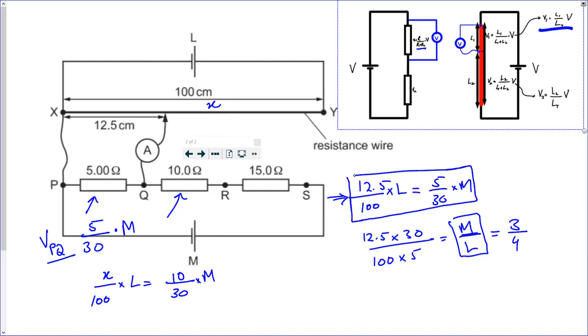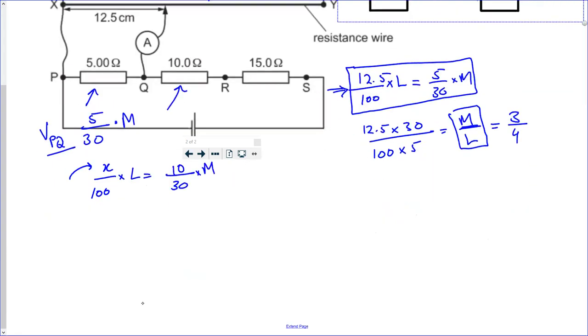So for the balance length of the QR, which we have called X, this must be equal. Is that right? Yes. So when we solve it for X, we have the value of M over L. So X will be M over L into 10 into 100 over 30. You get X equal to 25.